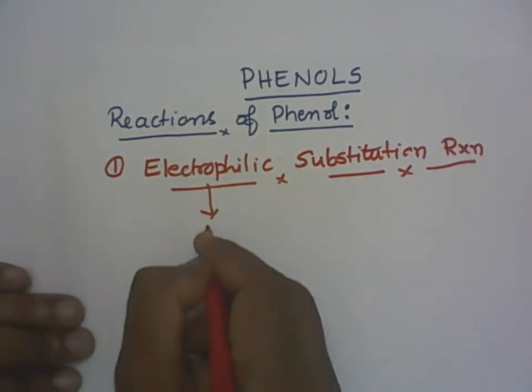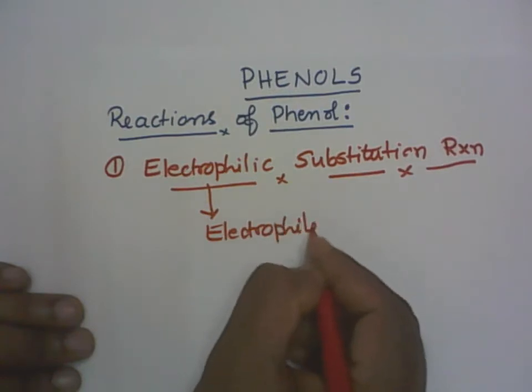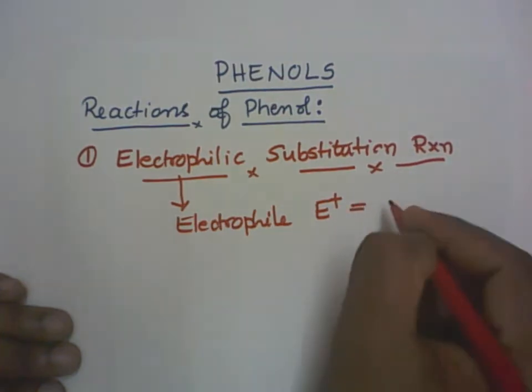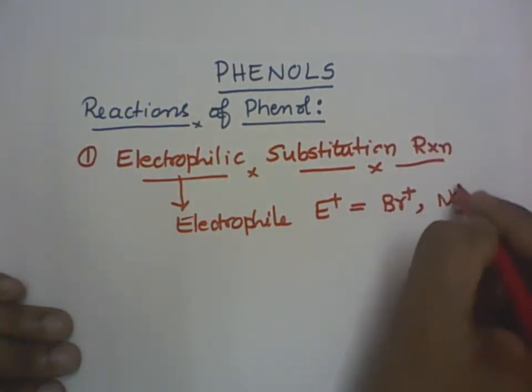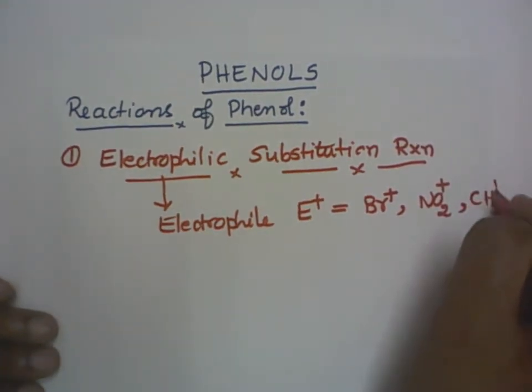Electrophilic stands for electrophile, and it is represented as E plus, like Br plus or NO2 plus, or it can be CH3 plus.